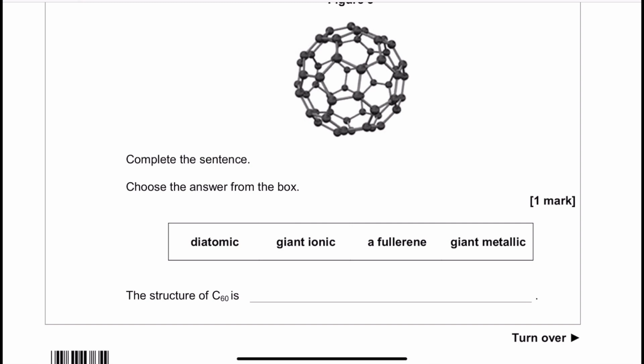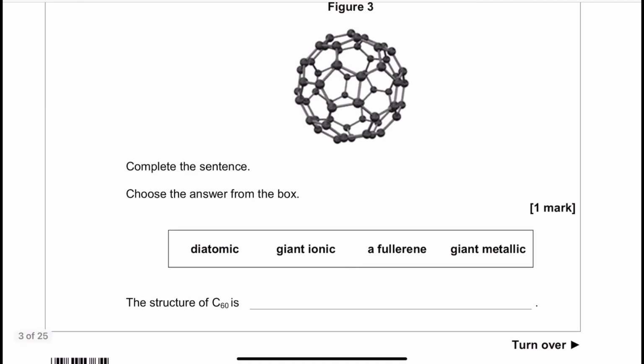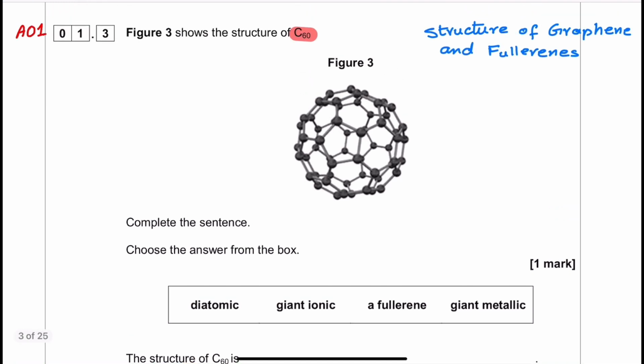One option is diatomic. It is not a diatomic structure. It doesn't consist of 2 atoms. It consists of only one kind of atom, that is carbon atoms. So carbon is a non-metal, so it is not making any joint metallic structure.